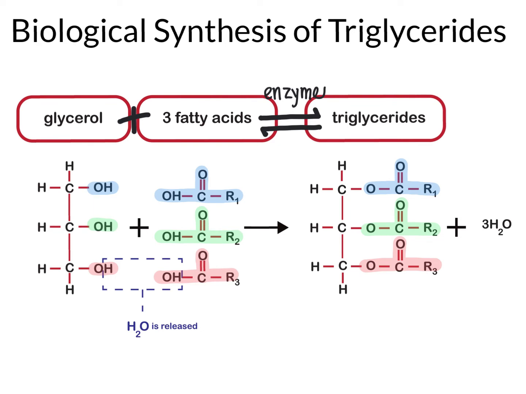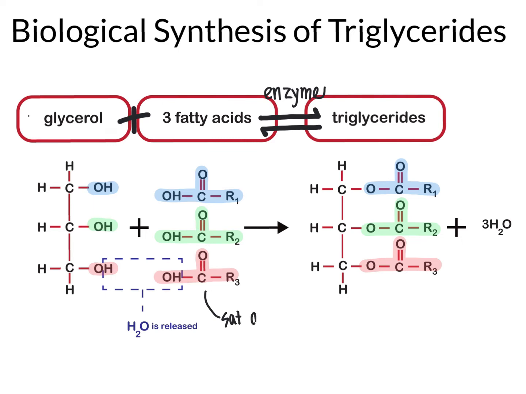And we're able to do 3 Fischer esterifications because we have a single alcohol molecule, glycerol, that has 3 alcohol functional groups. And so each of those can react with a separate fatty acid molecule. These fatty acid molecules can be either saturated or unsaturated.